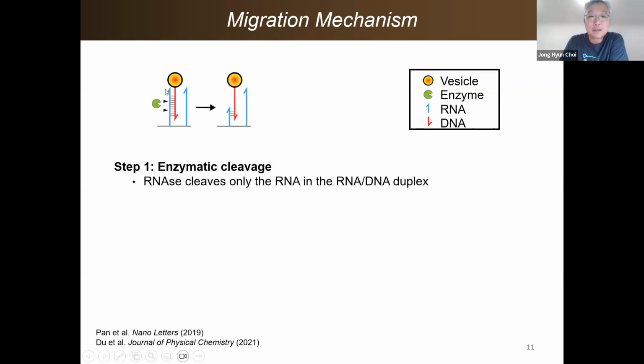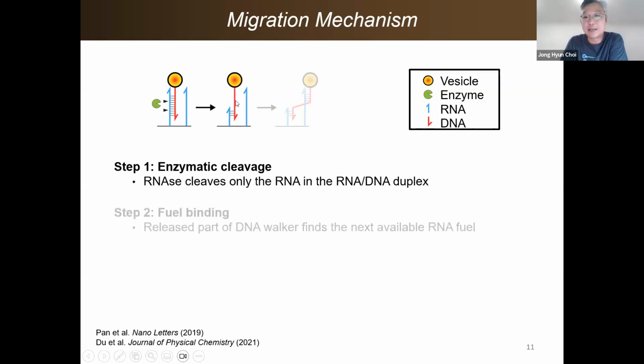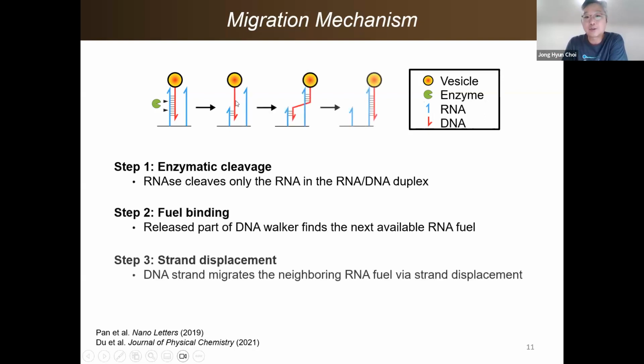The enzymatic digestion moves the vesicle. This is also a burnt-bridge mechanism, but in 2D, in a plane, you want to move away from your current spot, so that's going to be your next movement, right?